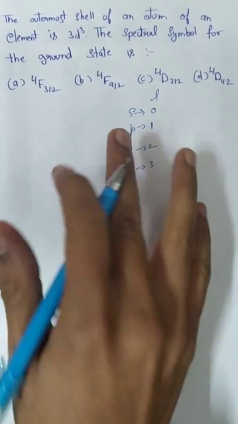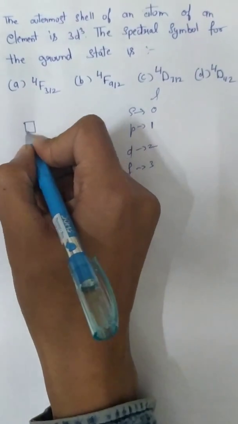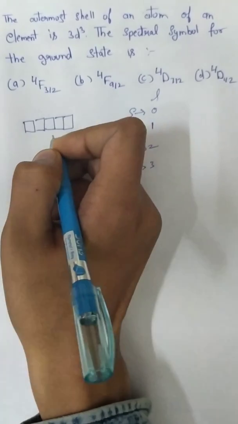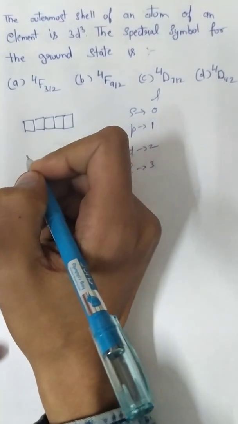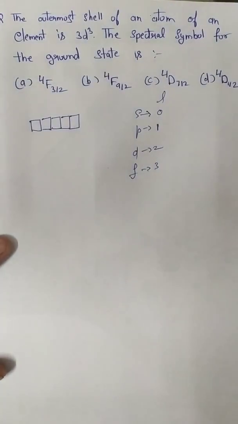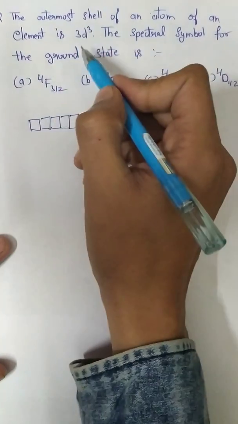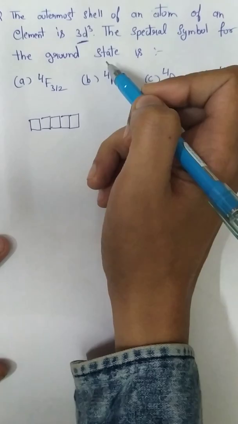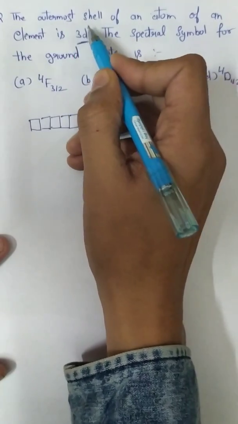Now, because the outermost shell is 3D3, we are only concerned with the D subshell. Let me draw the D subshell. It has 5 orbitals, as you know, so you draw it like this. Now you need to do the filling of the orbitals, because the outermost shell has only 3 electrons, as mentioned here. 3D3 means the outermost subshell has 3 electrons.